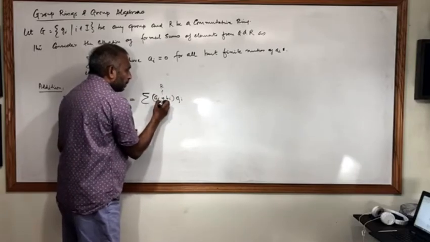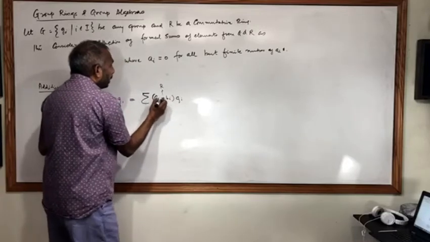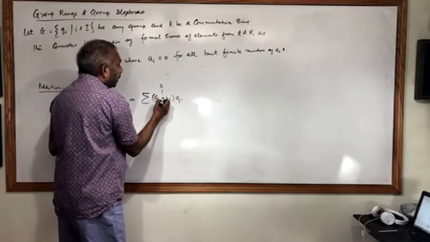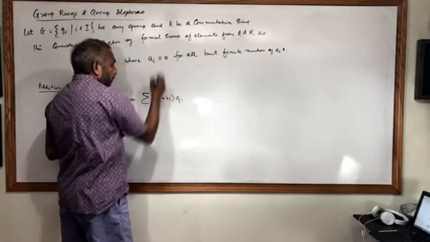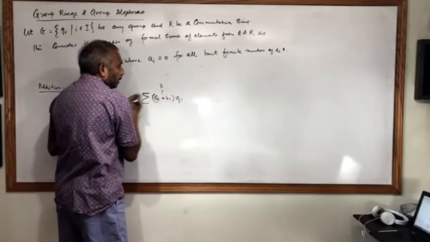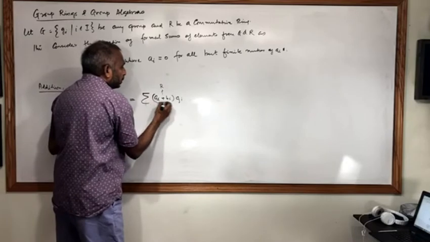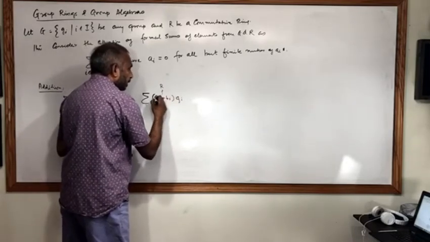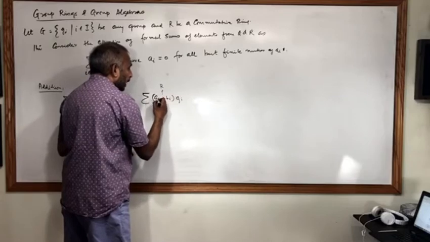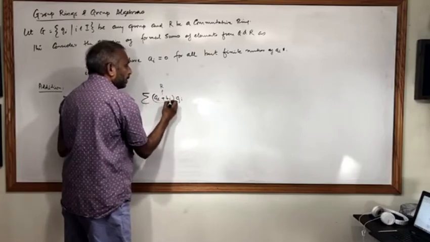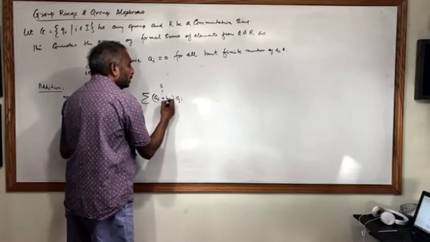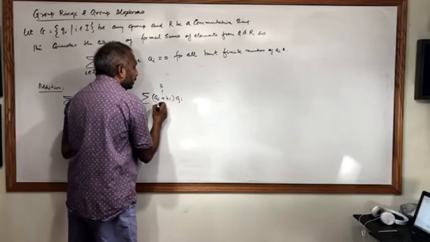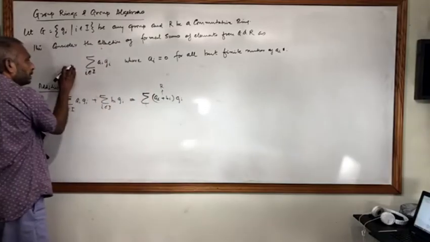This plus is the addition of R. So there will be a finite number of Ai plus Bi different from zero, all others will be zeros. So definitely this belongs to the collection we are defining.